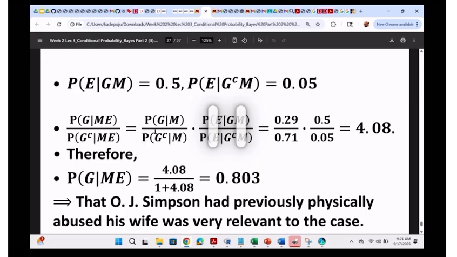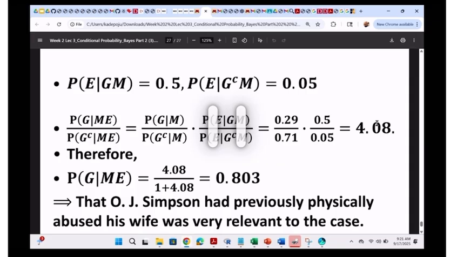Now, let me first interpret. If the ratio of guilty and not guilty equals 1, for instance, that is 50-50, right? When the ratio is greater than 1, please pay attention. When you have a fraction and it is greater than 1, it means the numerator is bigger than the denominator.